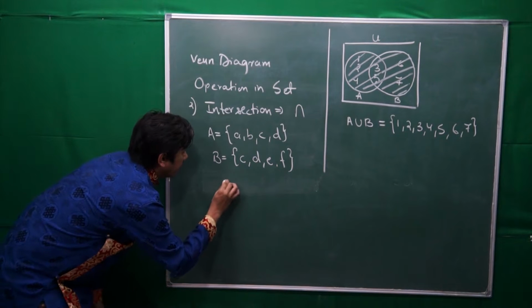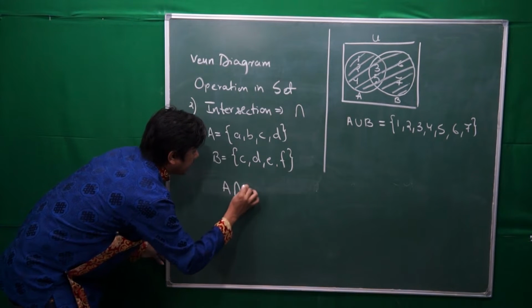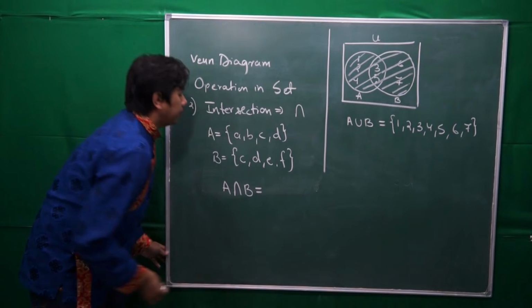Let's say we represent A intersection B is equal to.